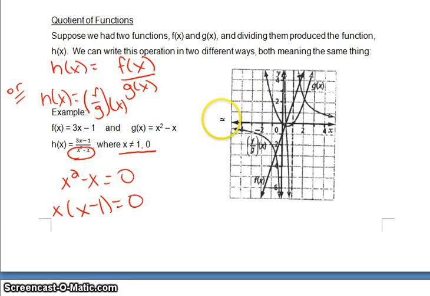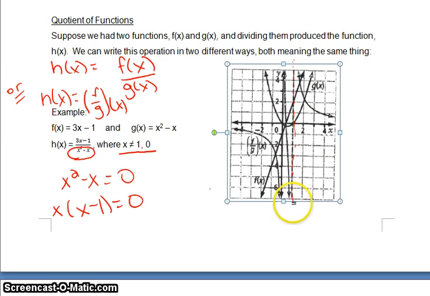Okay? And looking over at the graph here, it looks kind of crazy. There's a bunch of things going on. But what we can notice here is that we have two asymptotes. This one here is at x is equal to 1. And this other one, it's not as obvious. You can't really see because of that y-axis there.